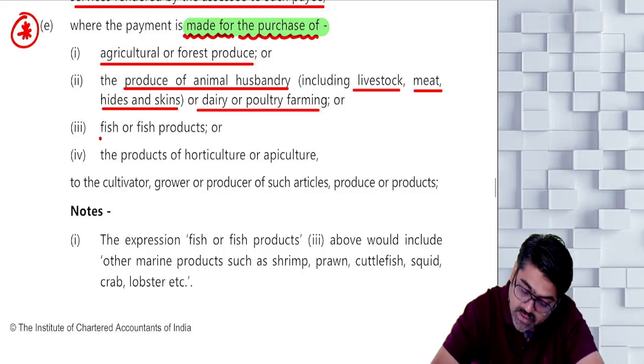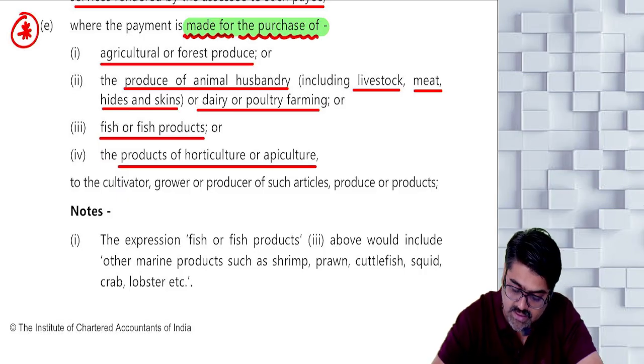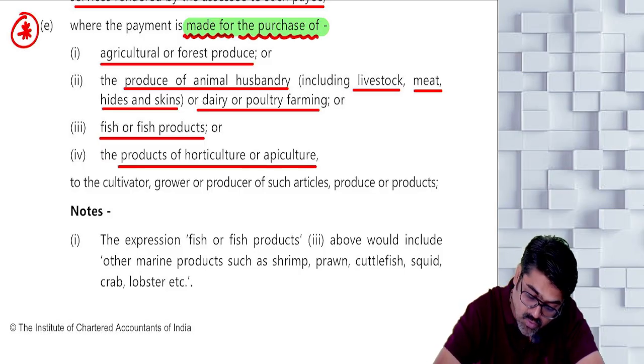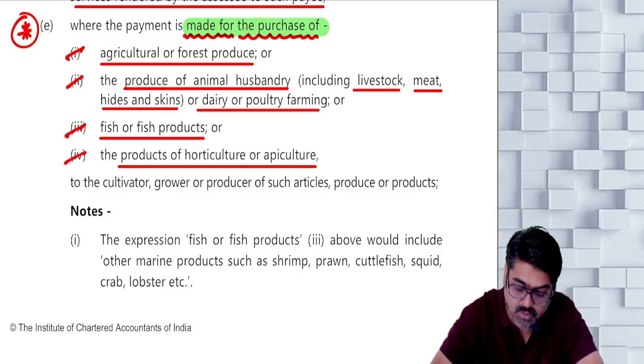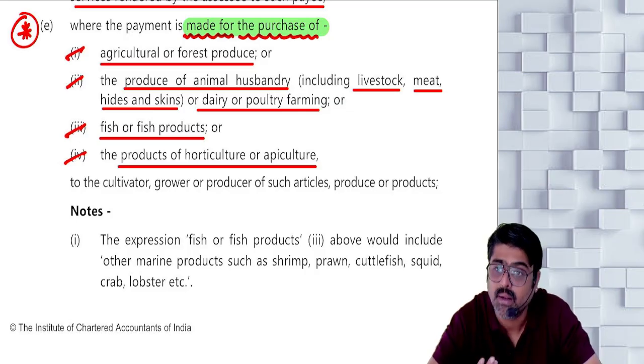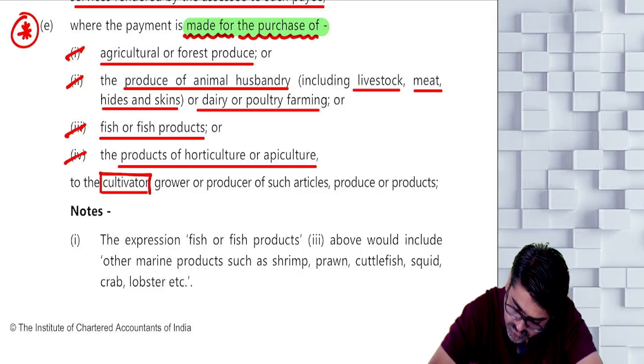Next one, payment is made for fish or fish products. Payment is made for products of horticulture or apiculture. Remember, these 4 products you purchase, and for the purchase of these products you are making the payment. And the payment is made to the cultivator, grower or producer.